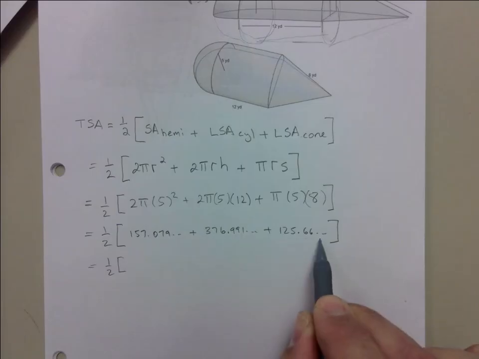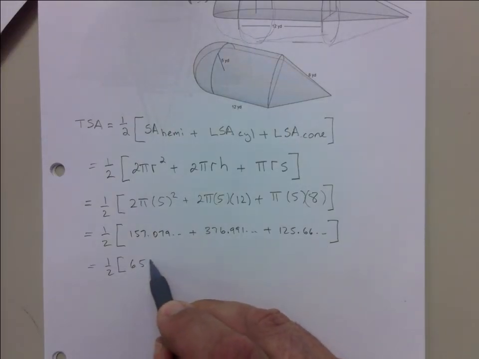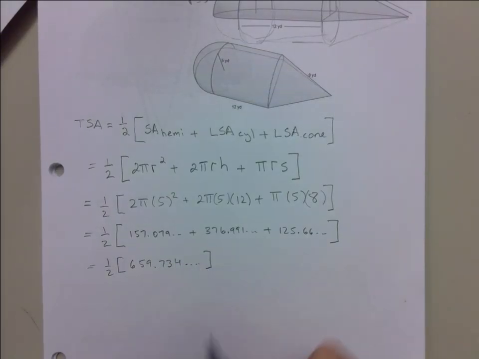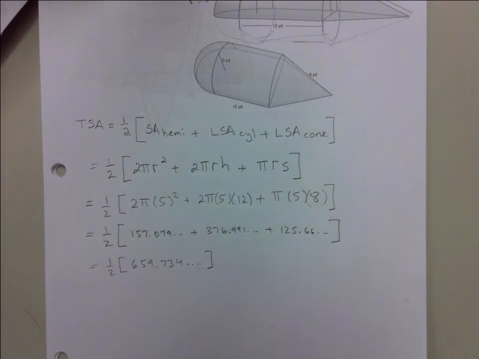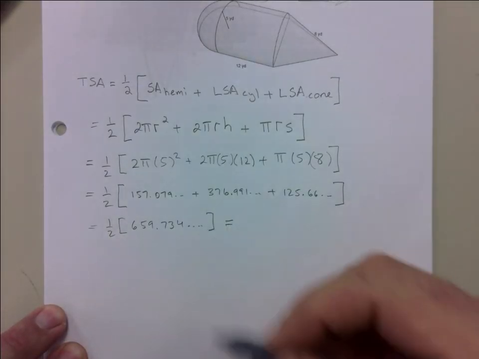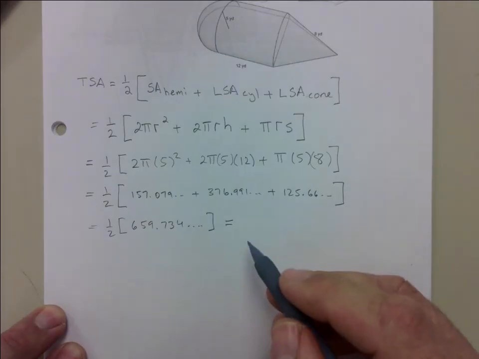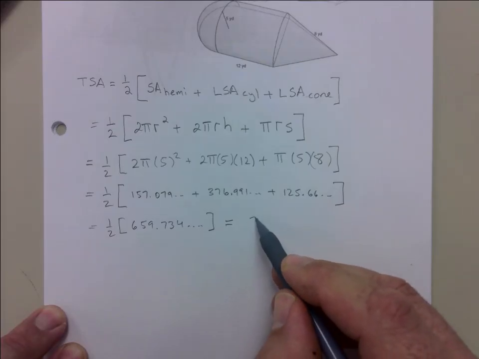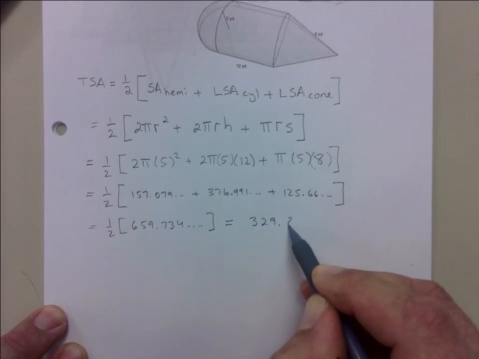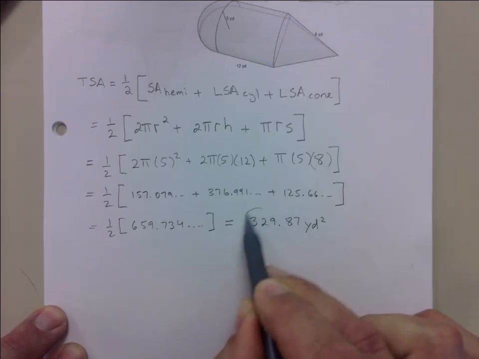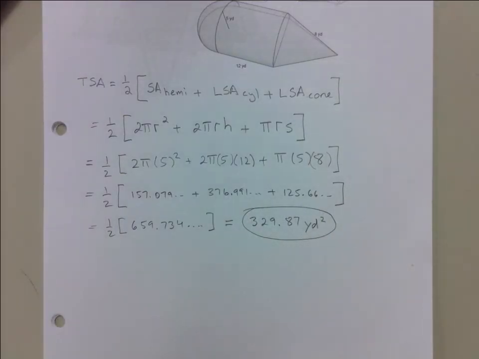If I type all of this into my calculator, you get 659.734 something. And now I'm going to half it. You can actually go right next to it because I need the space for the volume yet. Half of that would be 329.87, and we are in yards, so squared yards, or yards squared. And there you have it.